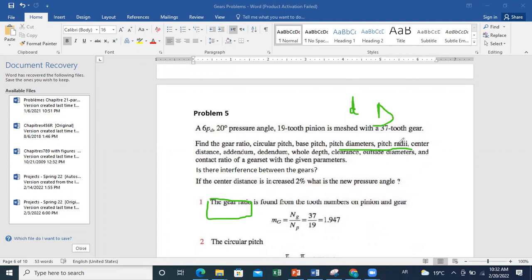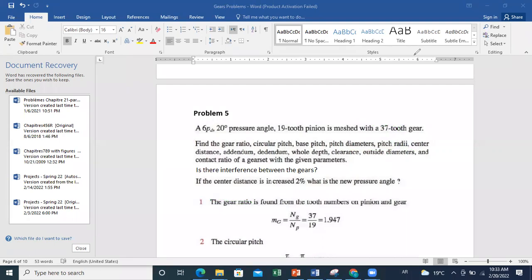And also we want to determine small r and big R. Or as I told you, you can use subscripts. So you can use D gear, D pinion to know the difference between both. One way is to use capital letters for the gear, and one way is to just put a subscript. So when you put G subscript it is for the gear, when you put P subscript, it's for the pinion.